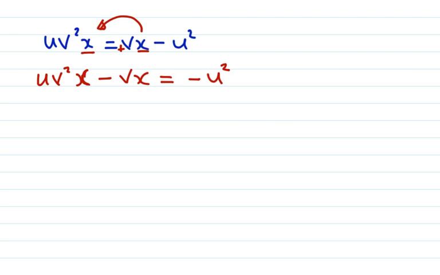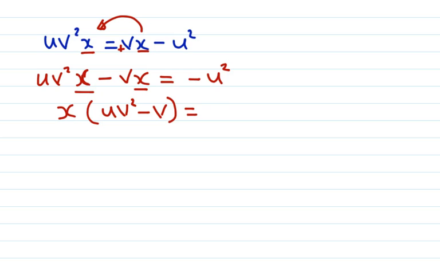Now that I've got all my x's together, if you're guessing what I'm thinking, you might be guessing right, because I want to make x the subject. I only need one x, and the only way to get one x is to factorize. So if I bring x outside here, in my brackets I'm going to have u v squared take away v.